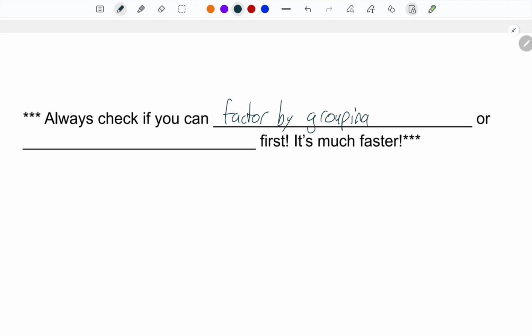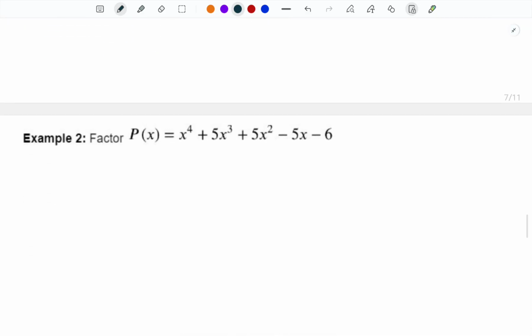It's efficient, but again, very specific. Or common factor. Common factoring, like maybe there's something you can just pull out of the entire thing, can be done as well, and that can be easier. But if those don't work, then just go through the process that we just went through.